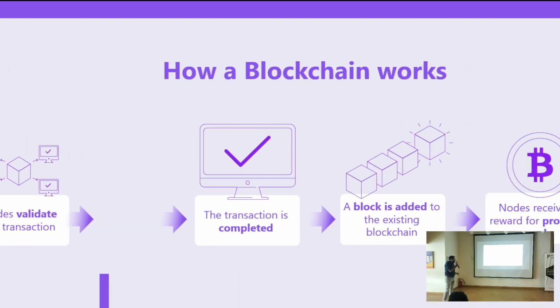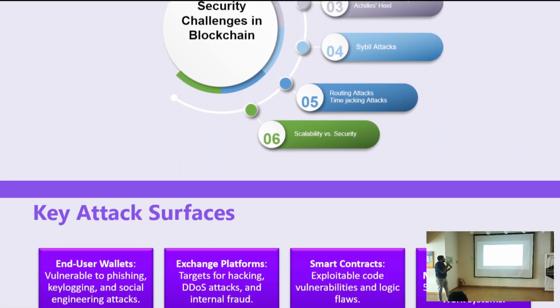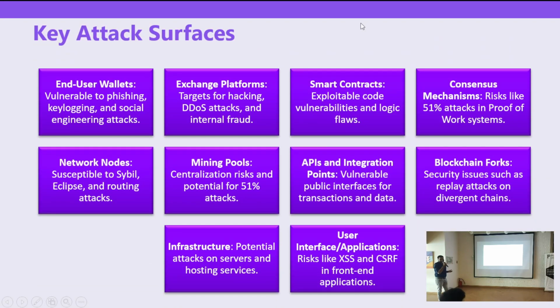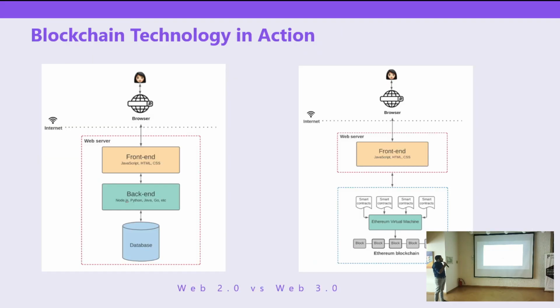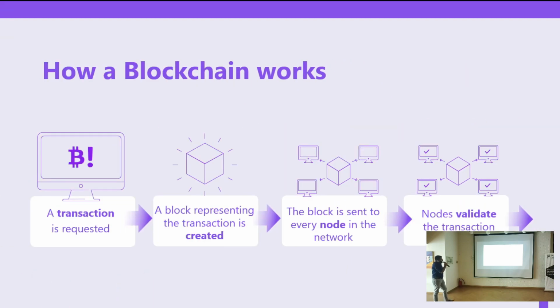This is the process of how blockchain works. A transaction is requested, a block representing the transaction is created, and the block is sent to every node in the network.